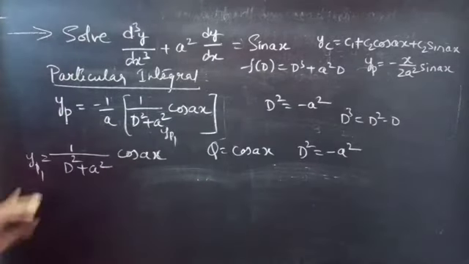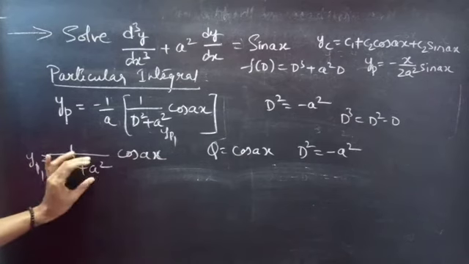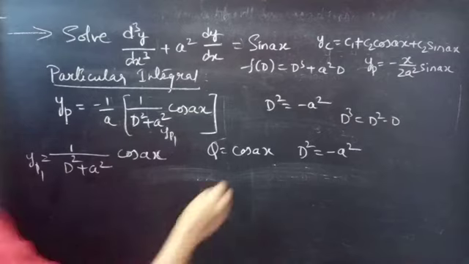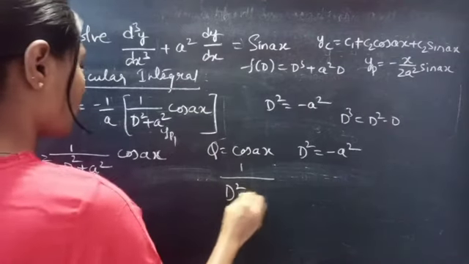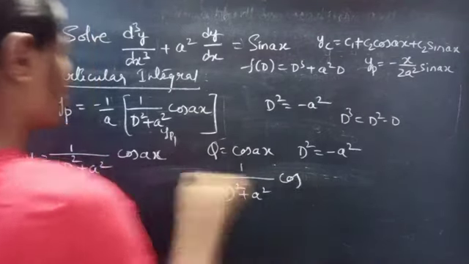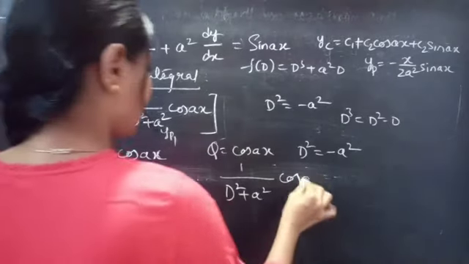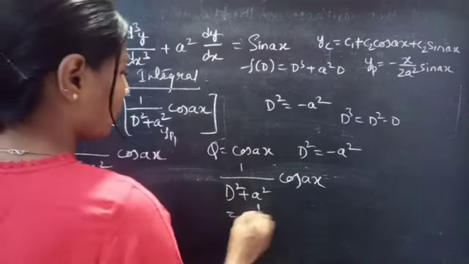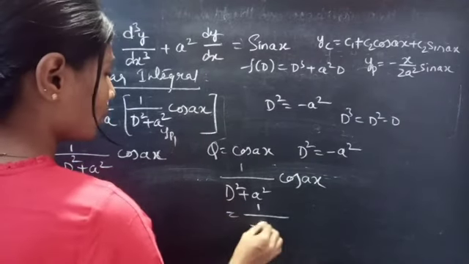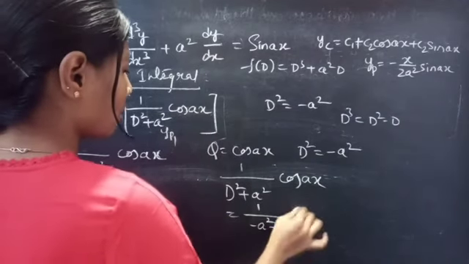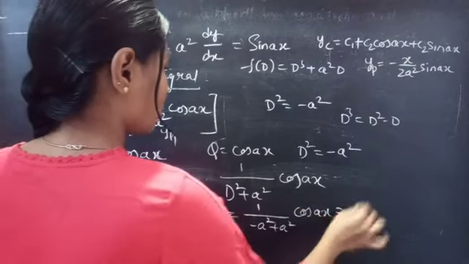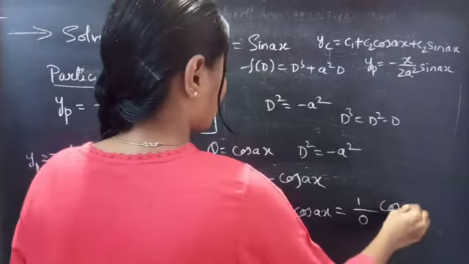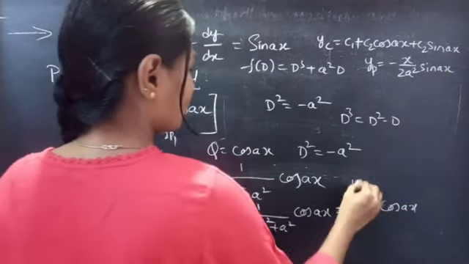Now we'll check D square plus a square by replacing D square by minus a square. Consider 1 by D square plus a square into cos ax. If you want, you can check with only this. Then replacing D square by minus a square, you'll get 1 by minus a square plus a square into cos ax, which equals 1 by minus a square plus a square, which is 0, into cos ax. We know that 1 by 0 is undefined.